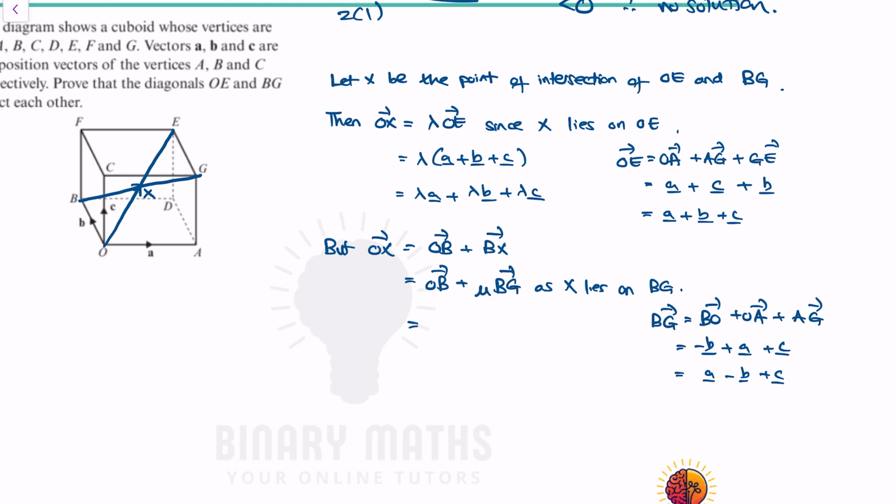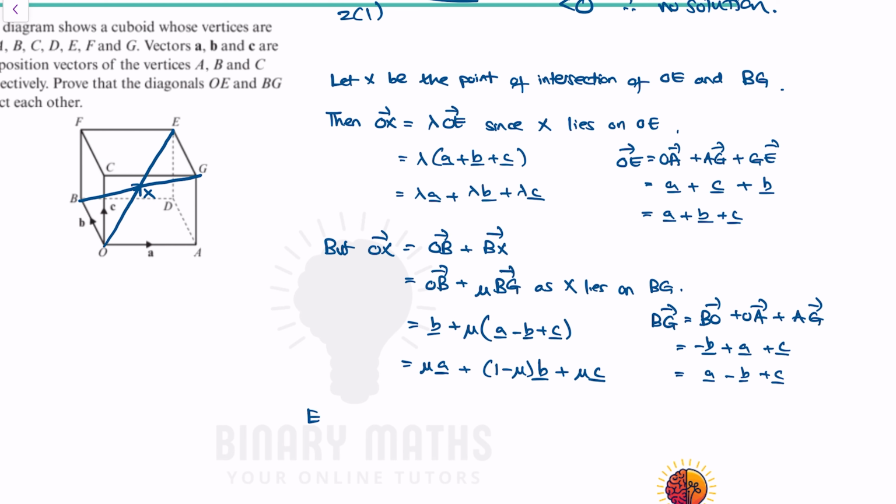So OX I can rewrite as b plus mu times BG, which is b plus mu times a minus b plus c. If I collect the a's, b's and c's together, I get mu times a plus 1 minus mu times b plus mu times c.